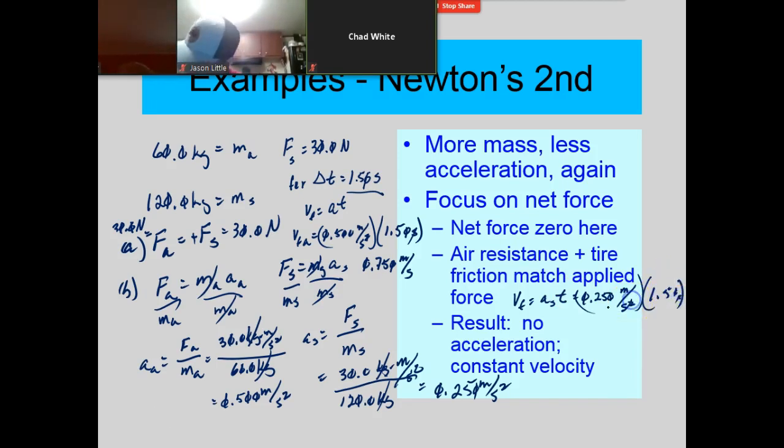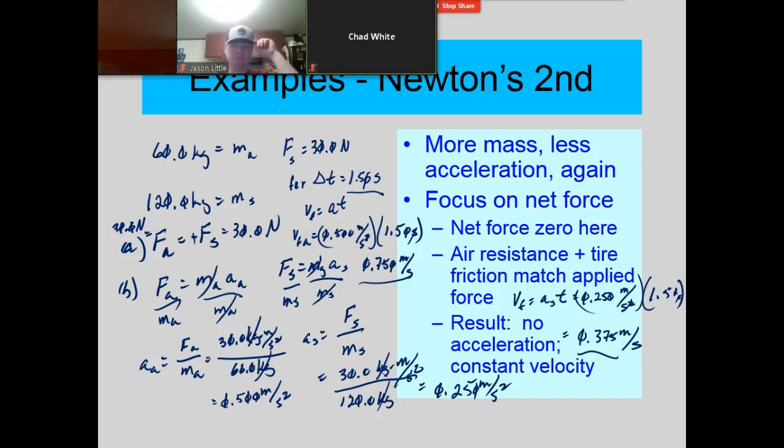Again, the second cancels one of those out, and you're left with 0.375 meters per second. So it winds up that the final velocity of the astronaut is exactly twice that of the final velocity of the spacecraft. Exactly.